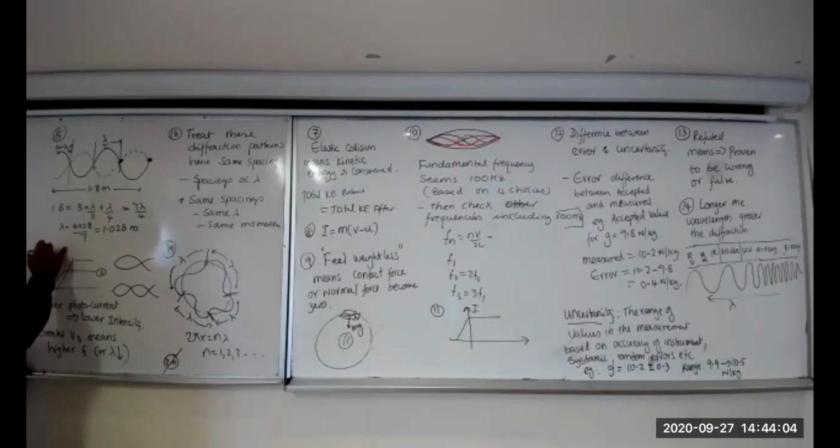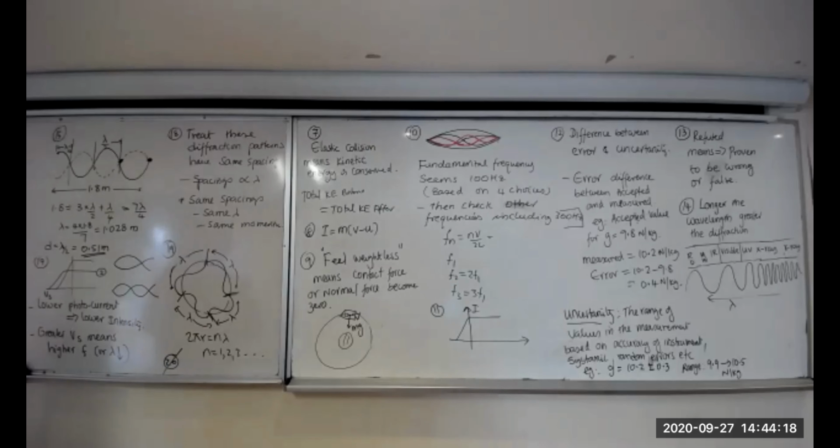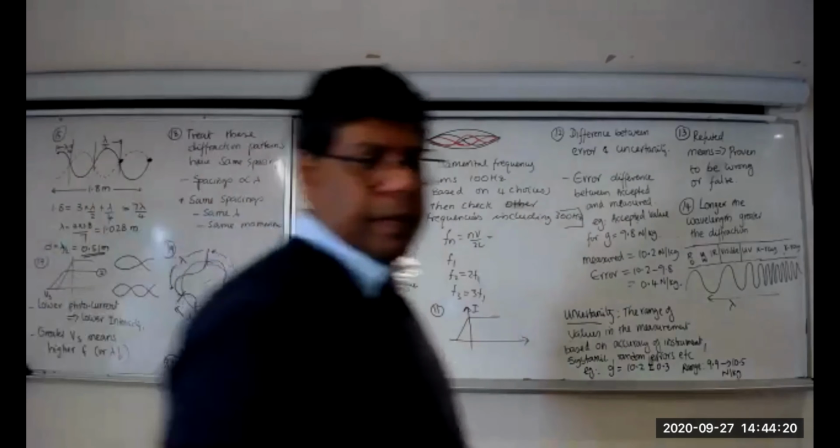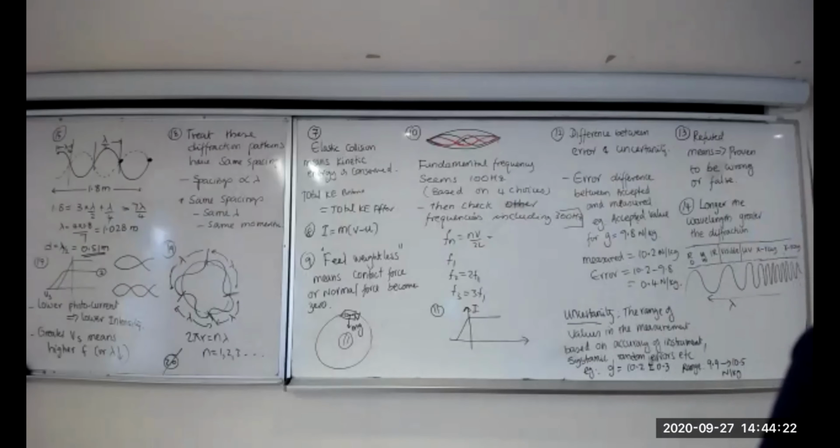Therefore, D is going to be half that, so you divide by 2. You get 0.51 meters. That's the answer for question 15. That makes sense? Yep, thanks.